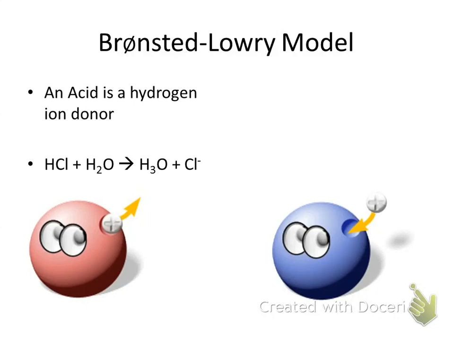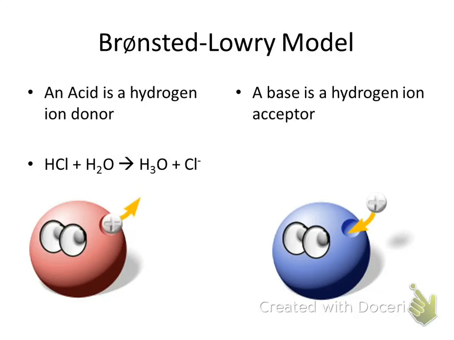So in this example here where we have HCl and water, we can see by looking at the other side of the equation that the chlorine has lost its hydrogen. So we're going to say that the HCl, since the proton is missing, must be the acid because it let go of it. A base is the thing that's going to accept the hydrogen ion. So acids, it's kind of like playing ball.